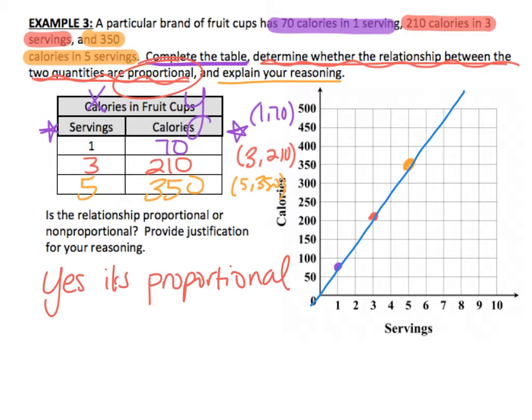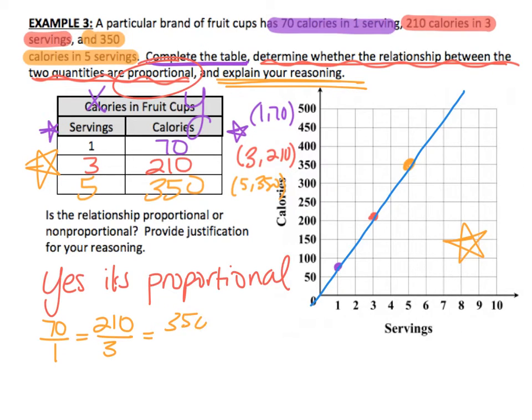Now, not only do we have to determine if it's proportional, but we also have to explain why. We could go about explaining it using the graph. When we connected our dots, we had a straight line through the origin. Or you could use the table and find that ratio. Is 70 over 1 equal to 210 over 3, which is equal to 350 over 5?